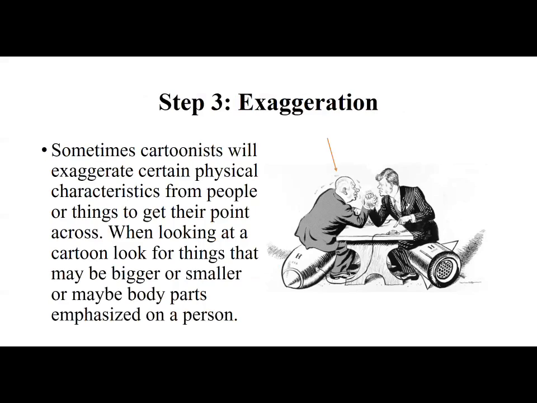So step three is exaggeration. As it says, sometimes cartoonists will exaggerate certain physical characteristics from people or things to get their point across. So when you're looking at these cartoons, look for things that are a little bit more emphasized, bigger, smaller, body parts. It doesn't just have to be on a person, it could be a certain object as well. And so here we can see that Mr. Khrushchev is sweating excessively.